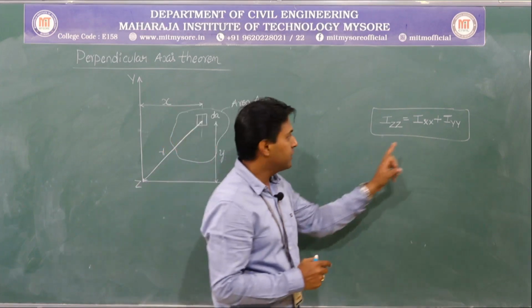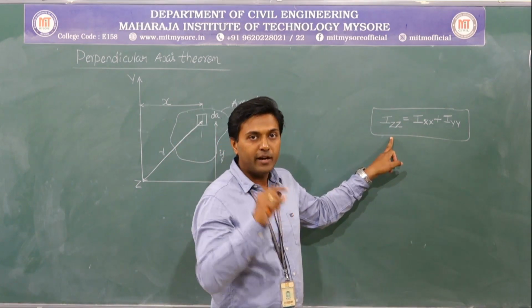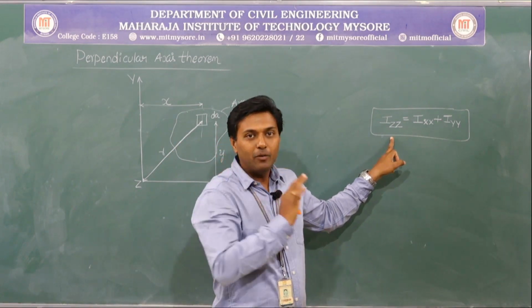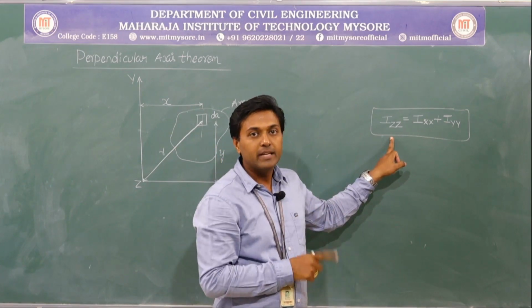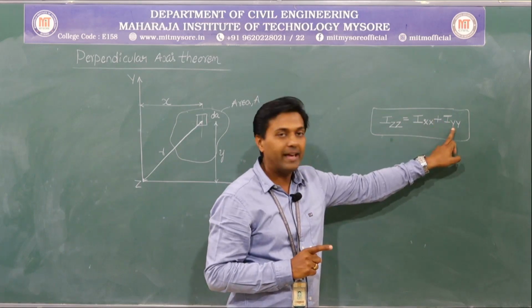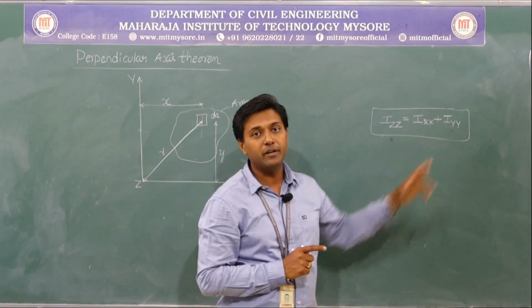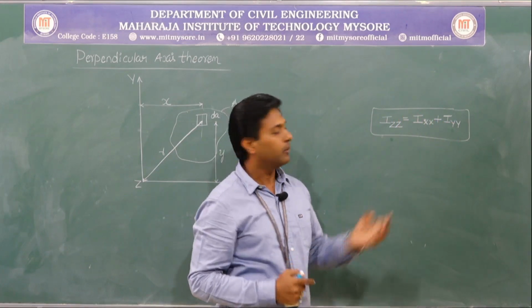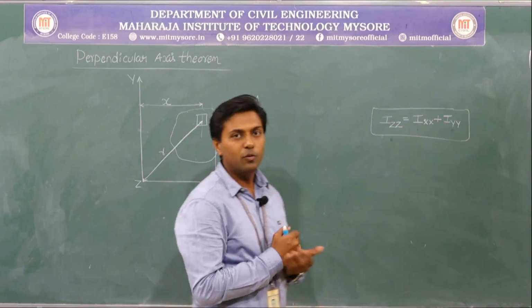Let me repeat the definition: the moment of inertia of any area about an axis perpendicular to its plane is equal to the sum of the moments of inertia about mutually perpendicular axes. It is Ixx plus Iyy. This I need to prove now.